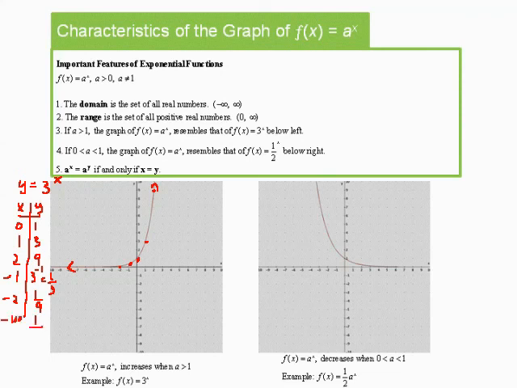Oh, my gracious. We would have 1/3 to the 100th power, which would be a really small decimal. We would be getting closer and closer to 0 without ever touching it. So this graph will never touch the x-axis. Y will get smaller and smaller and closer to 0 without ever getting to 0.